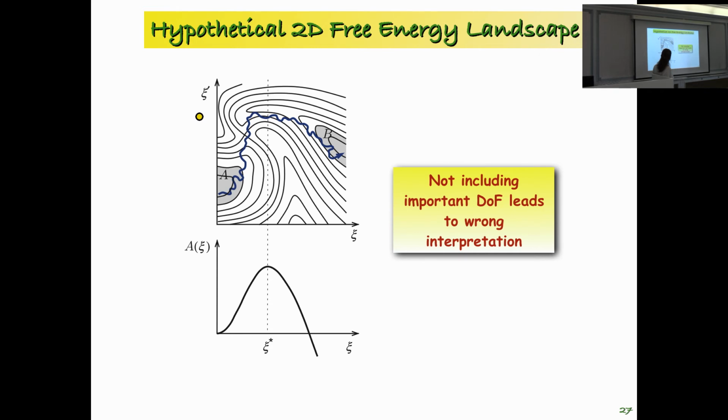But if you would do it in two dimensions, you would recognize that you can move also in this dimension, and the transition state is actually almost in the same place in xi, but in a different place in xi prime.